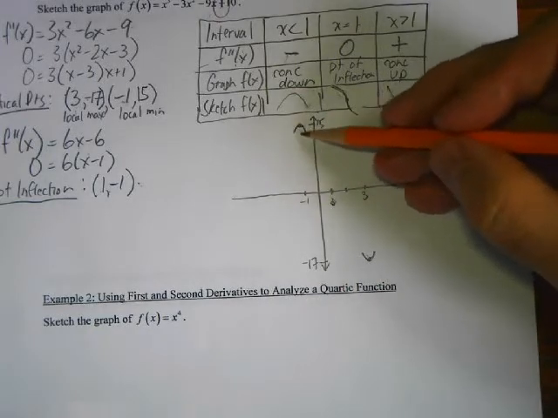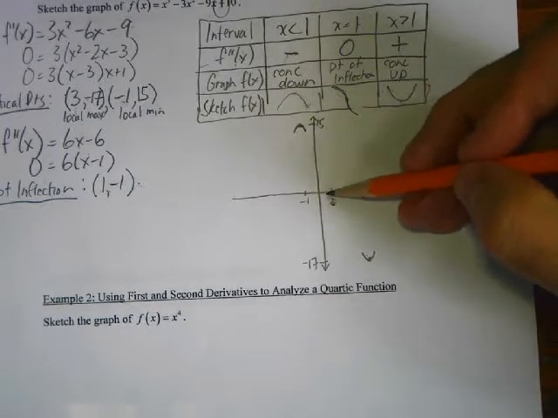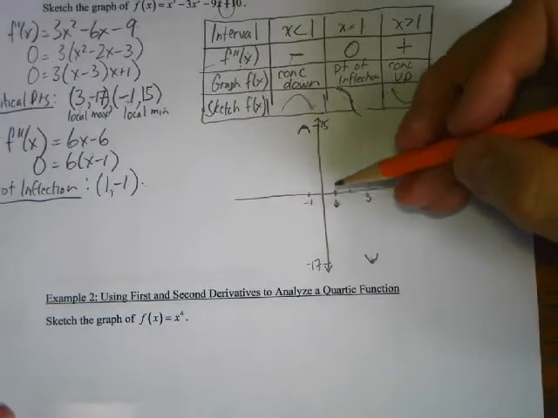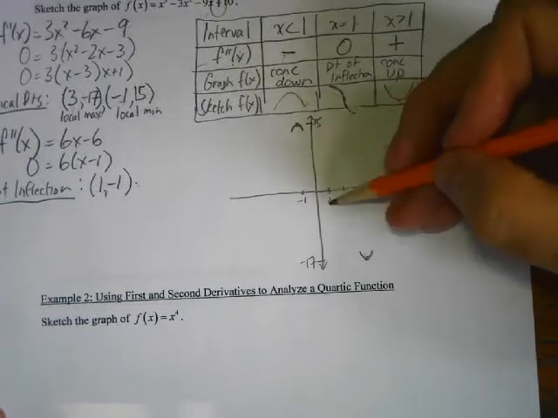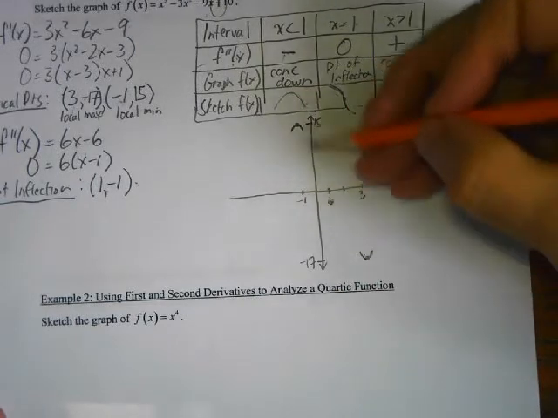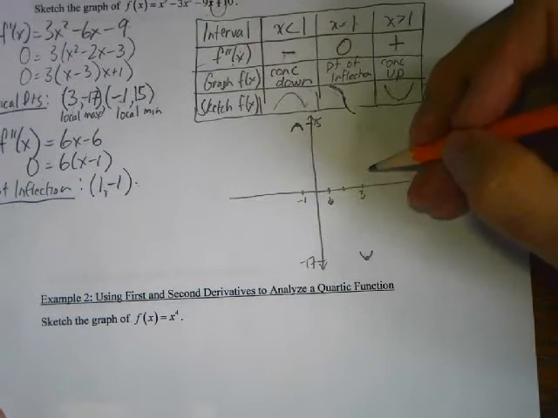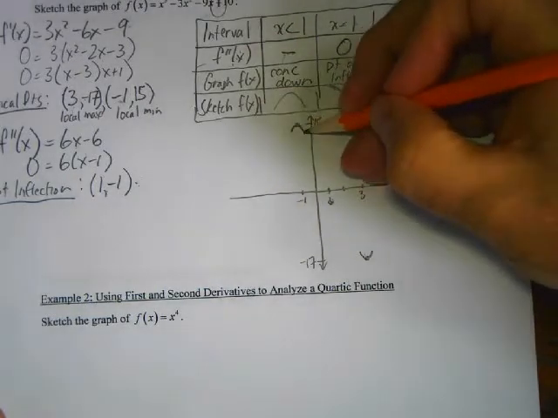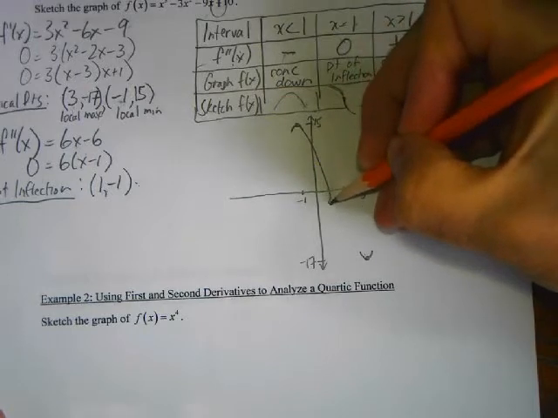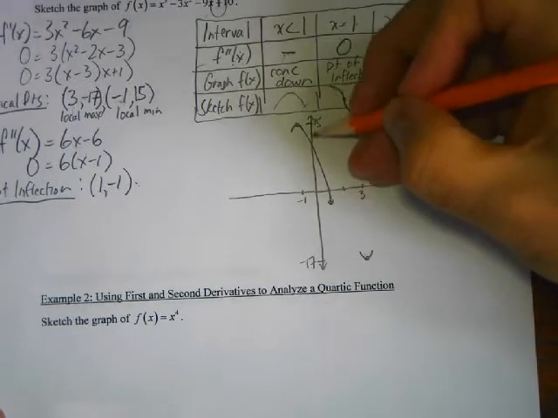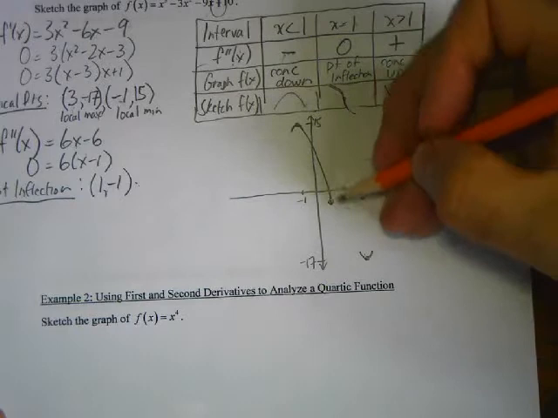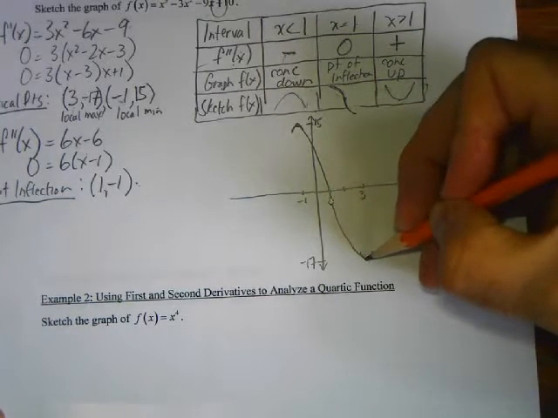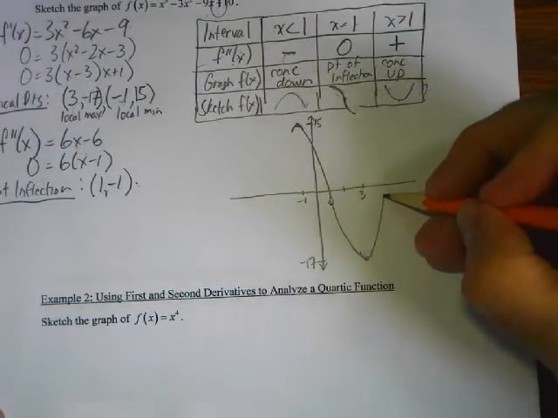You can see that this is going to be concave down on the left, and this is going to be concave up. So the best way to draw these is to actually put the points, put your little cups at the points at the local mins and maxes, and then you can draw that down. You have to keep it going as if it's concave down to that point, and then it changes right here. So at that point it changes and goes back up.